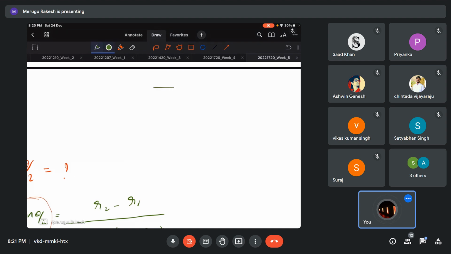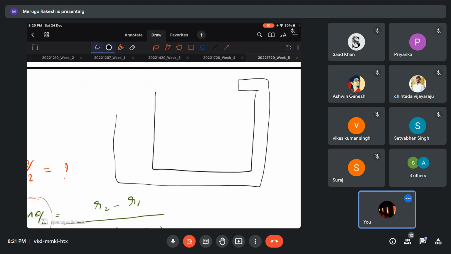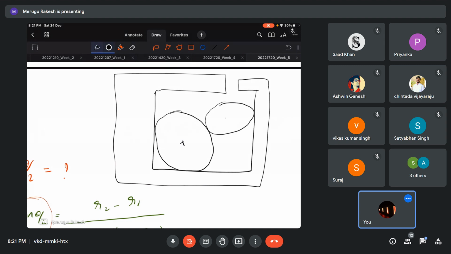So there was a question, you might have already seen it. Let me try quickly. Have you seen this question earlier? There will be a ball like this, and there will be one more ball like this. Let me increase this size. I have drawn a rough diagram.